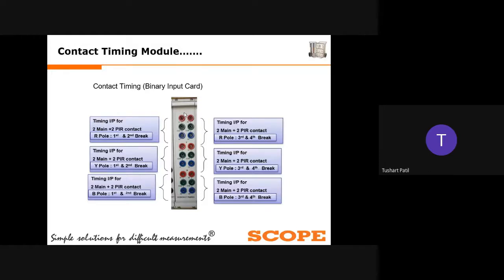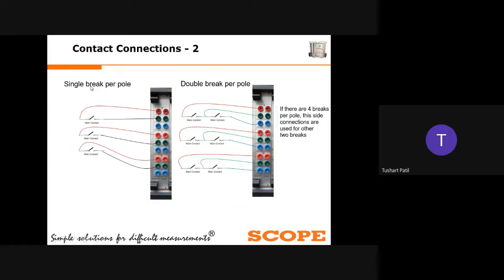So using this card, you can test a 765 kV breaker in a single operation. You can measure the close timing and open timing in a single operation. Here you can also check a single pole 220 kV breaker.